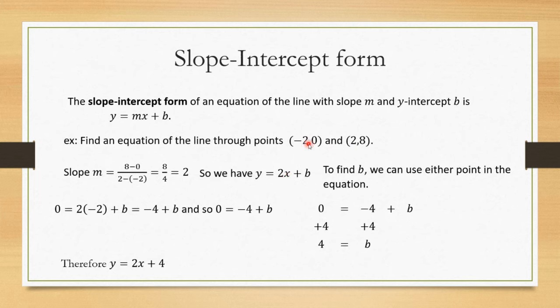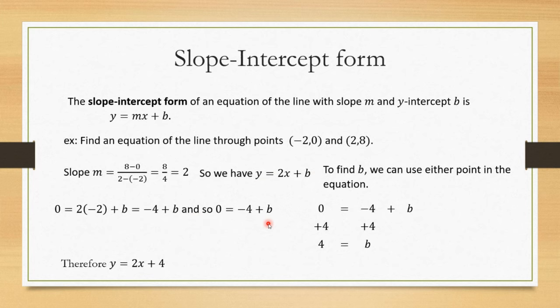So if I plug in either of these points into the equation, then the equation has to hold. In other words, if I replace y by 0 and x by -2 as here, this equation has to be true. It has to hold.